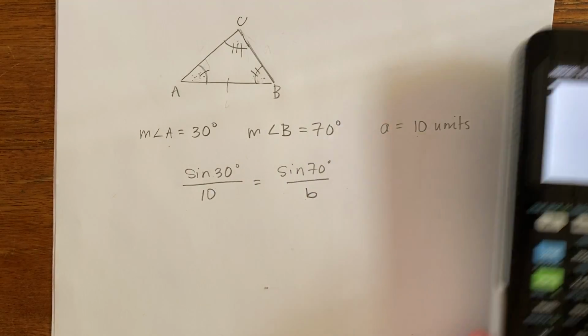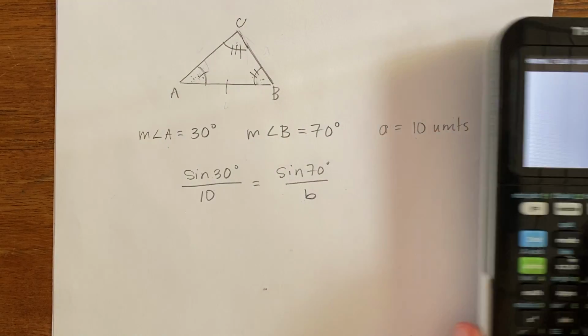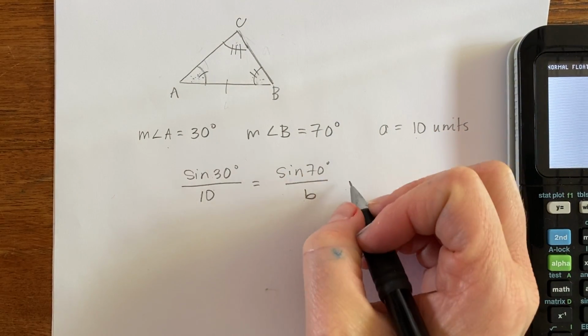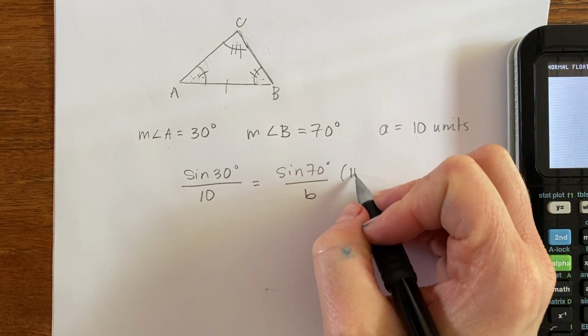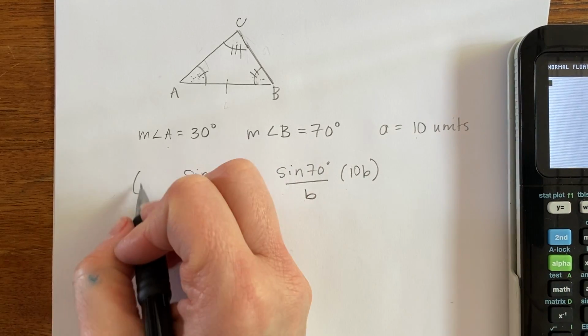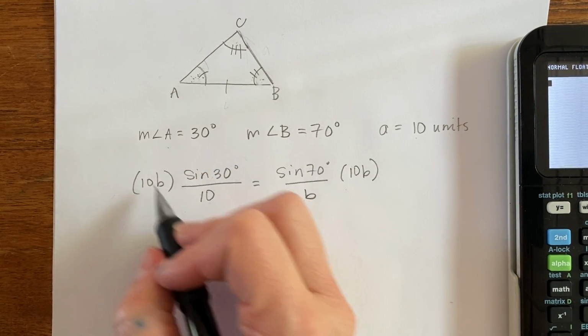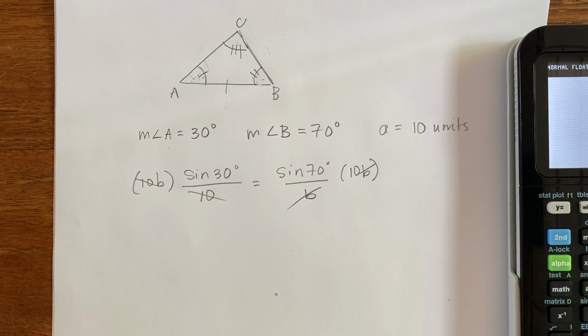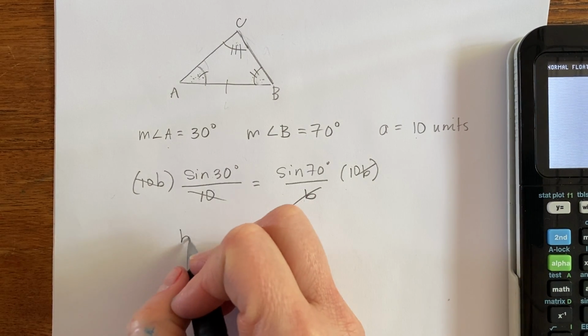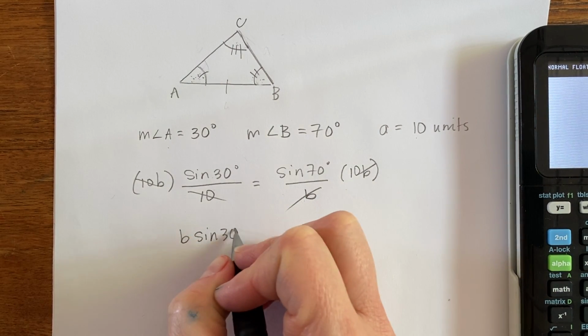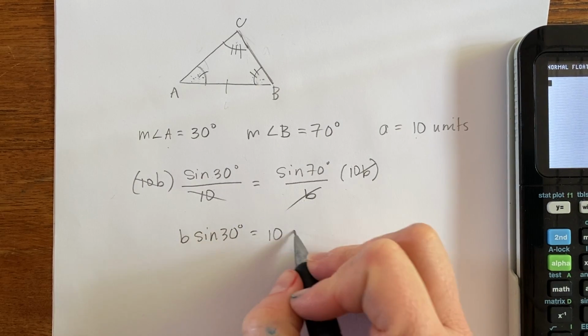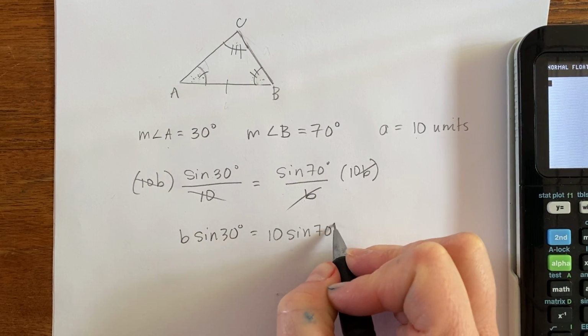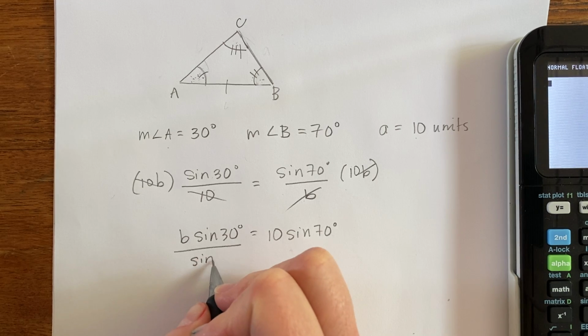So before I actually do anything with my calculator, I am going to solve for B. So I'm going to multiply both sides by 10B. When I do that, my 10's cancel, my B's cancel, and I'm left with B times the sine of 30 degrees equals 10 times the sine of 70. Divide both sides by the sine of 30.